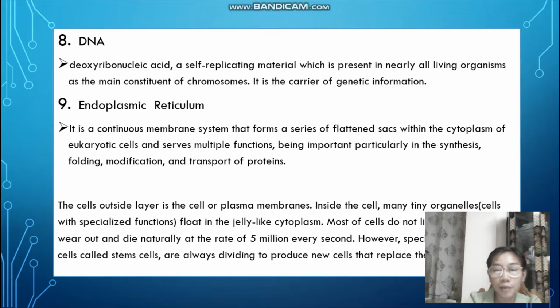Inside the cell, many tiny organelles, or parts with specialized functions, float in the jelly-like cytoplasm. Most cells do not live for long. They wear out and die naturally at the rate of 5 million every second. However, specialized types of cells called stem cells are always dividing to produce new cells that replace the old ones.